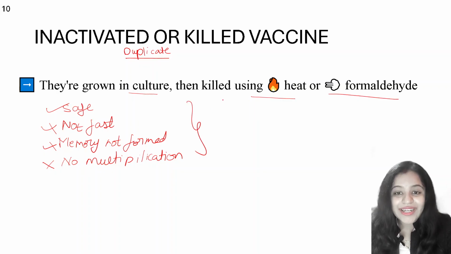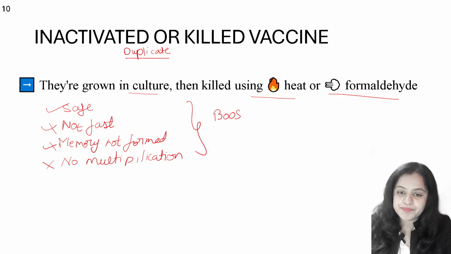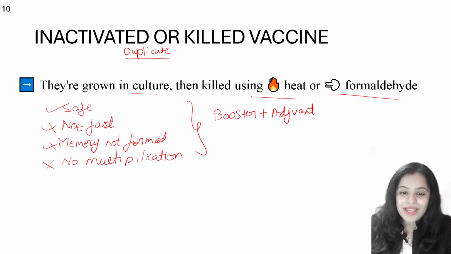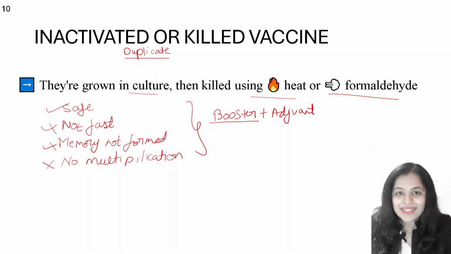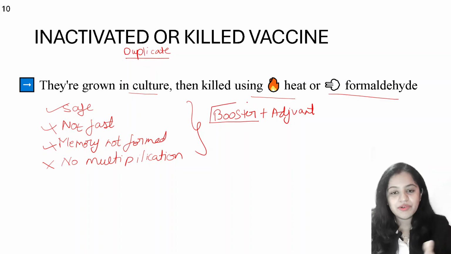So because of all of this, for your inactivated or killed vaccine, you need a booster and also an adjuvant to be given with it. Why? Booster to maintain the immune reaction. Okay, to maintain a strong immune reaction, you have to give a booster. And adjuvant, why?